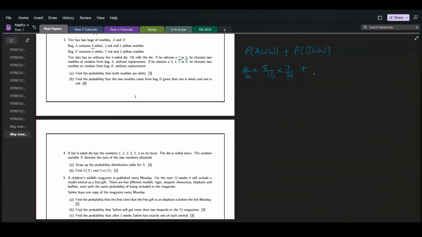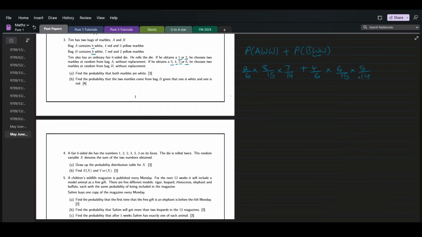And now let's go on to the bag B scenario. So for him to pick bag B, he has to roll either a 3, 4, 5, or a 6. So that's 4 out of 6. And then the probability of him picking a white marble in bag B is 6 out of 15. And since it's sampling without replacement, to pick a second white marble, it will be 5 out of 14.